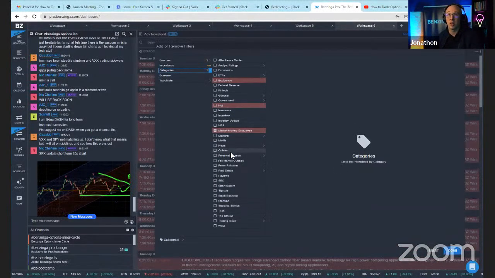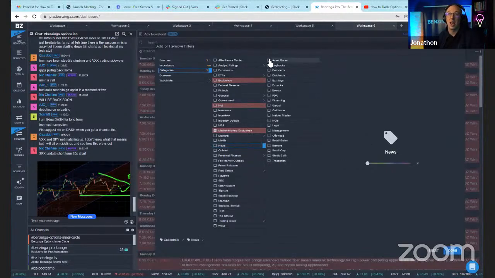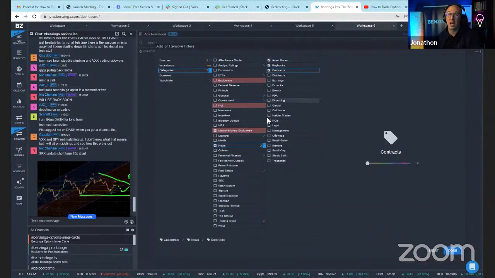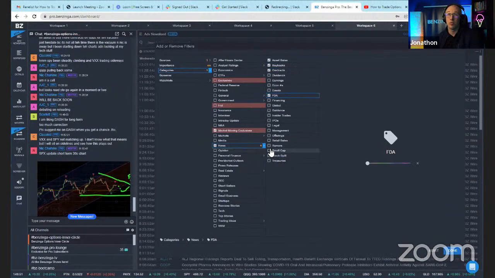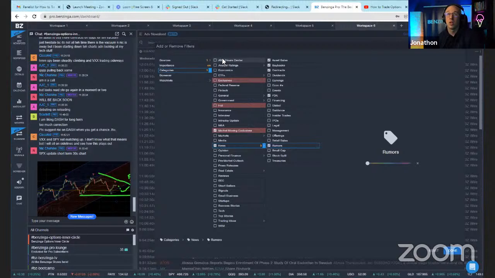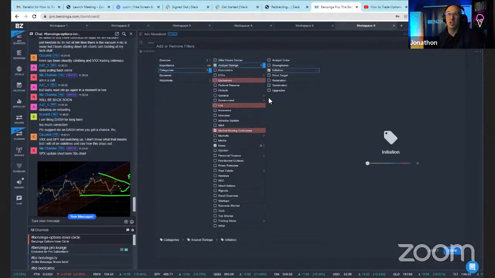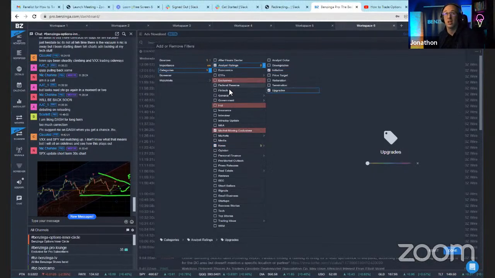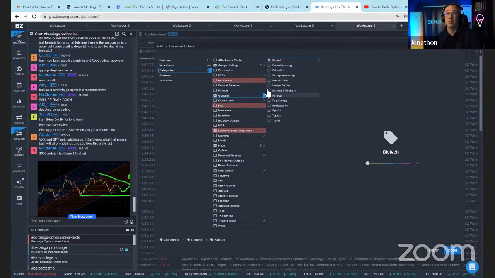Then I could add in some other things here, like under news, I've got asset sales, buybacks, contracts, FDA approvals, rumors. I really like analyst initiations and upgrades for bullish catalysts. And then I like biotech and healthcare.